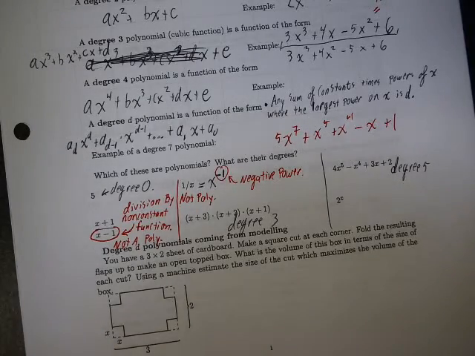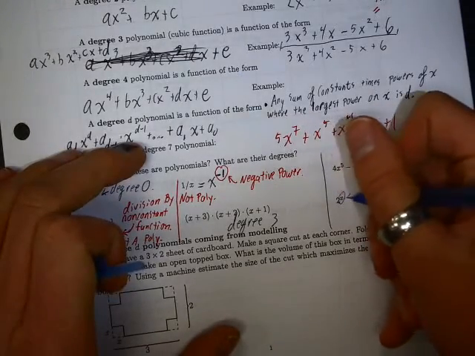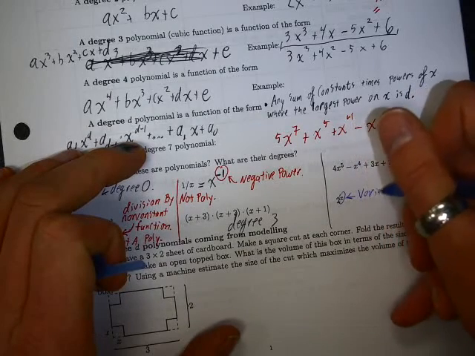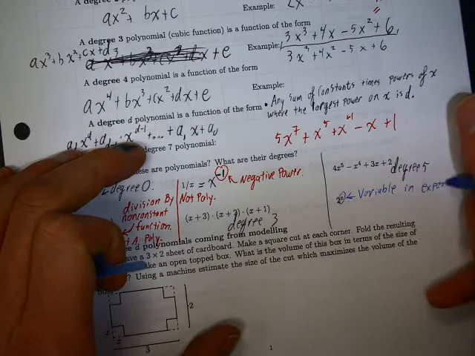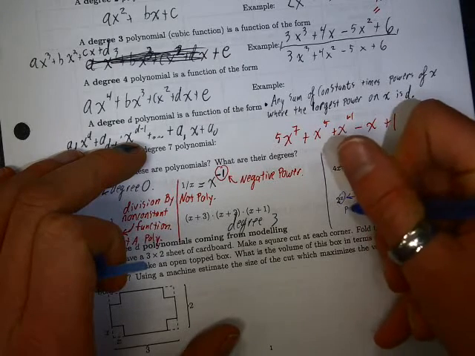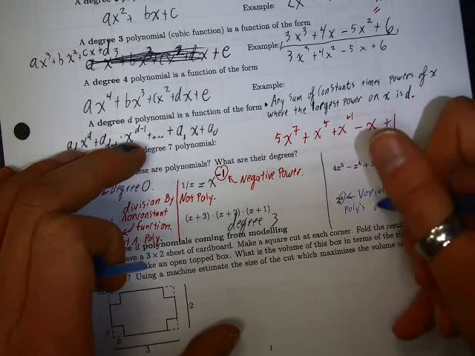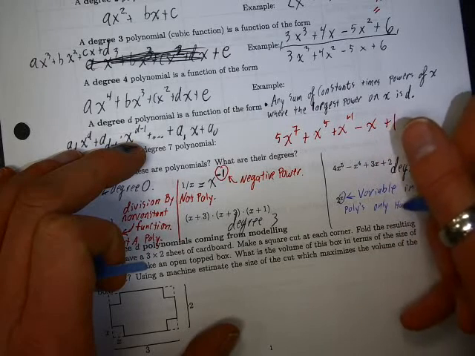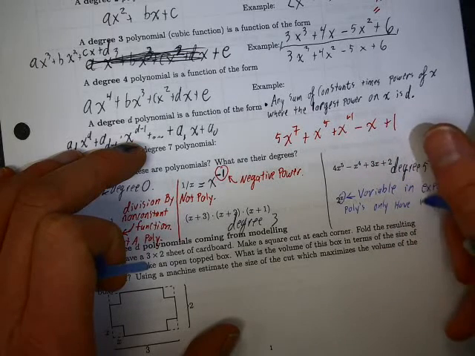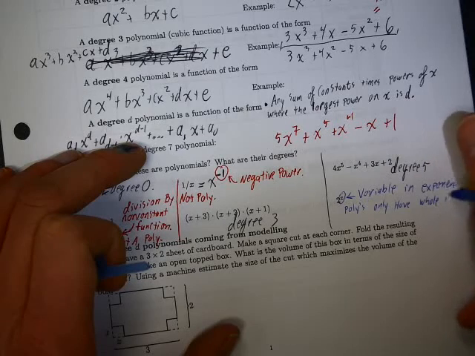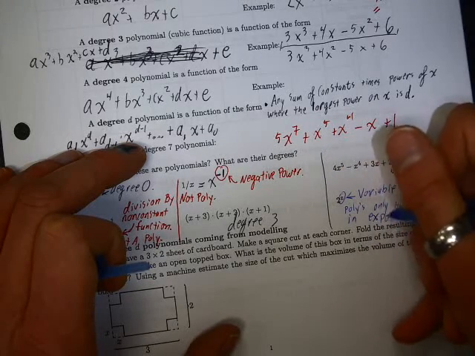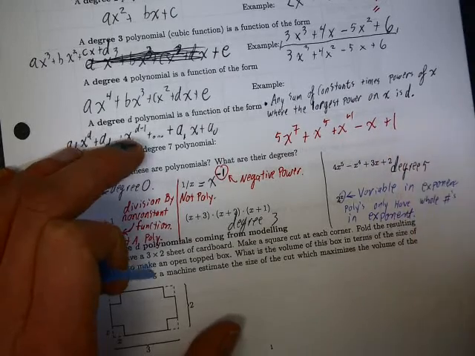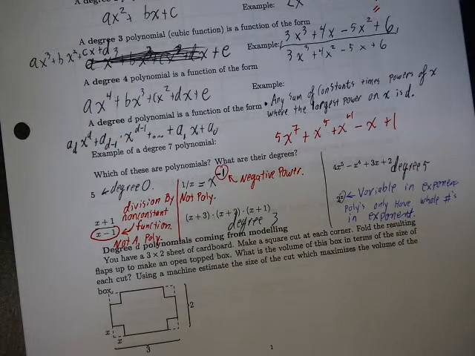So in a polynomial, I see here a variable in the exponent. Polynomials only have whole numbers in their exponents. That seem okay?